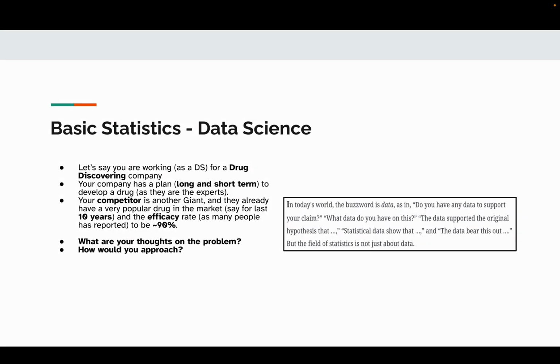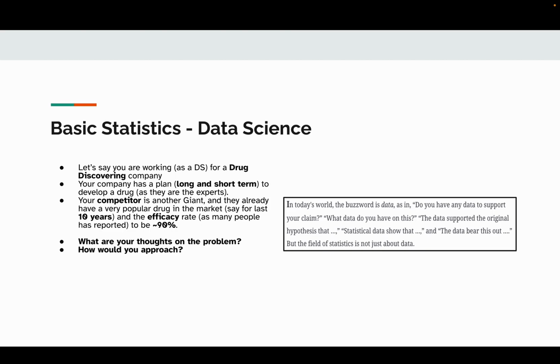But one thing to note is that if your drug is going to be 91% better, will that be enough? We have to keep in mind that the competitor is already in the business, and for the last 10 years maybe thousands or millions of people have already used that drug. So one thing for sure, 1 or 2 percentage points will not give you enough value, right? This is one thing we have to understand.